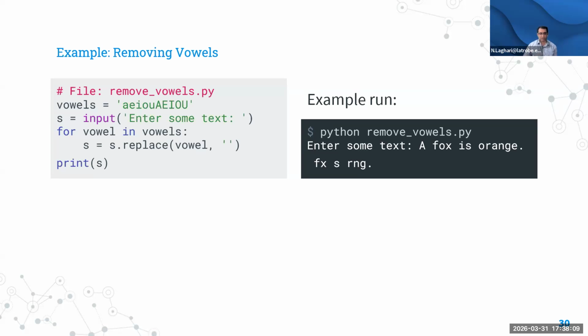You enter any text, and for vowels, you just replace with an empty string. You enter a string, a fox is orange, and it'll go through all characters of the string and replace the vowels with the empty string.